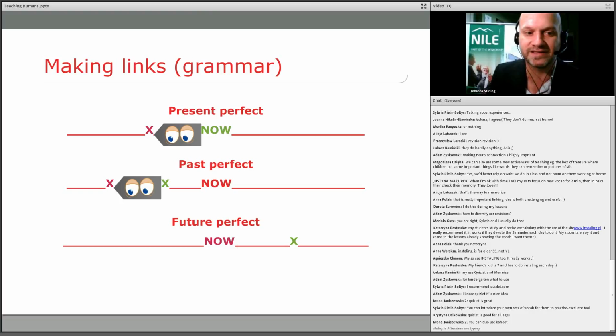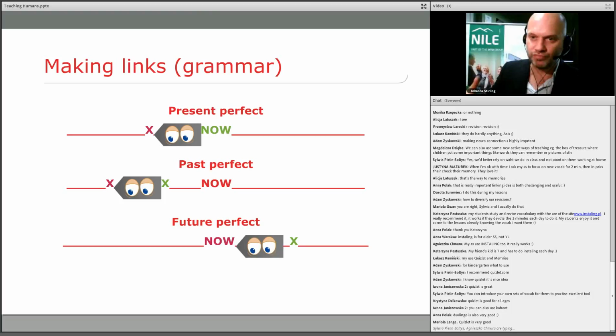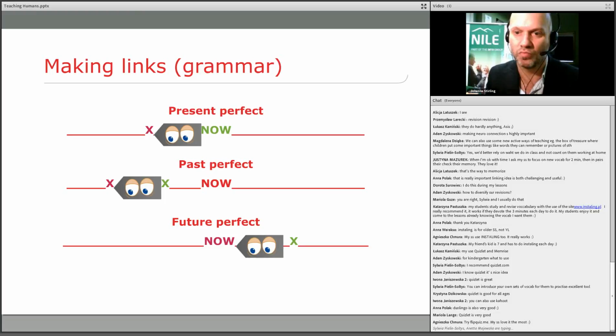And the future perfect is about connecting a time in the future, a deadline, to now, right? So we're looking at how grammar connects in similar ways, right? And how we help students to make and remake those connections, right?